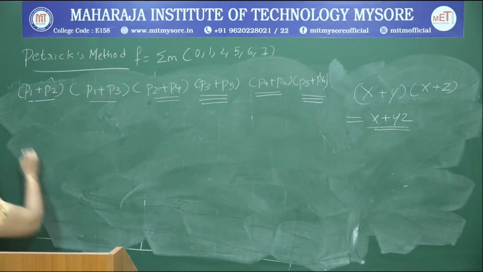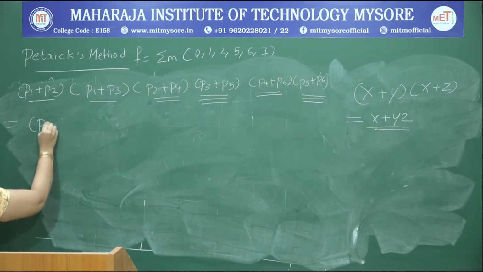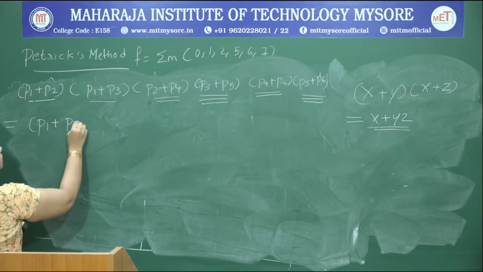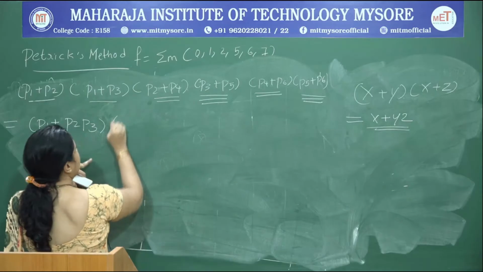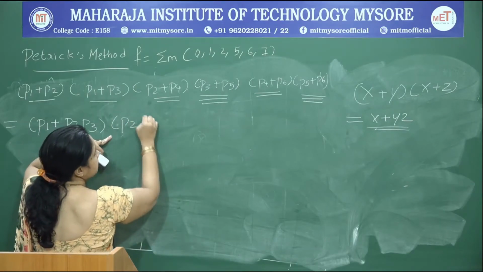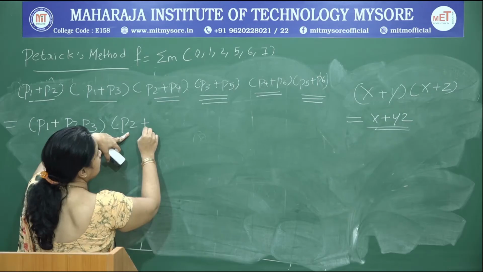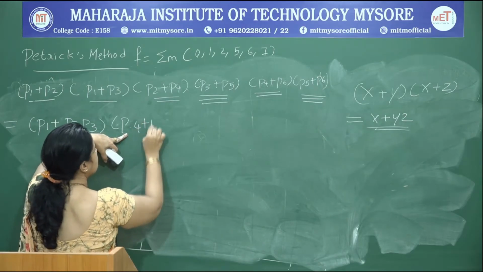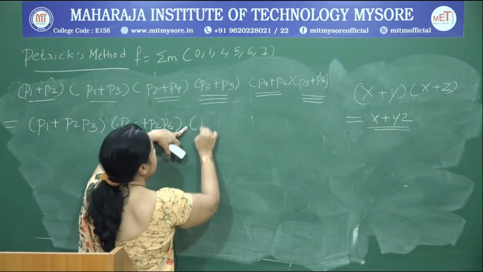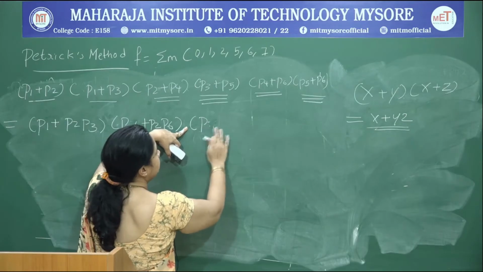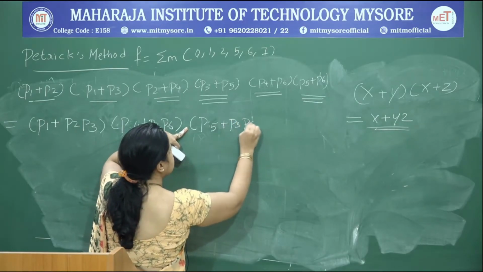So in these terms we end up getting P1 plus P2 P3, and here we end up getting P4 plus P2 P6, and here we end up getting P5 plus P3 P6.